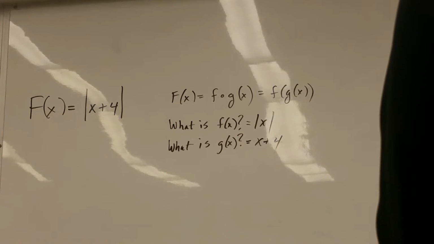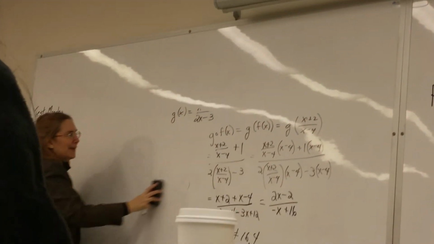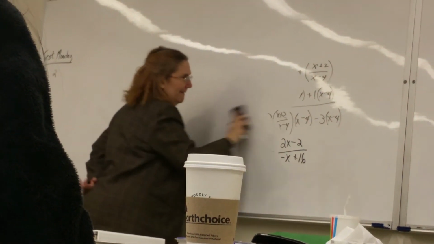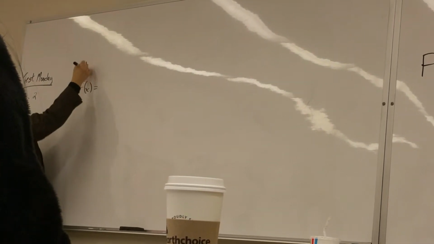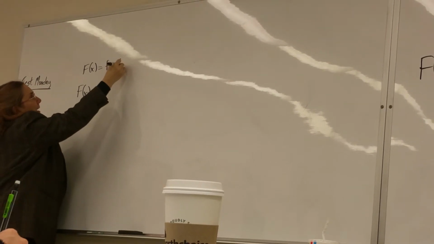This one is going to look absolutely horrible, but to me it's actually easier than what I just did there. Capital F of x is formed by composing together f and g.